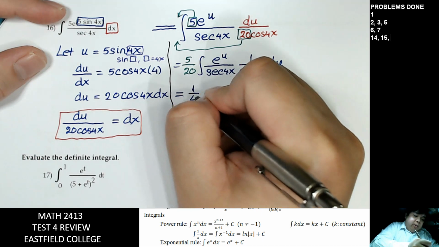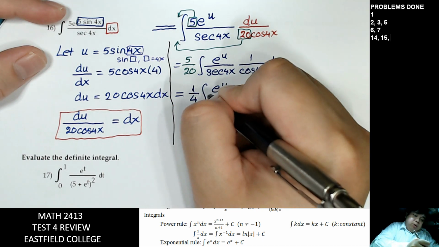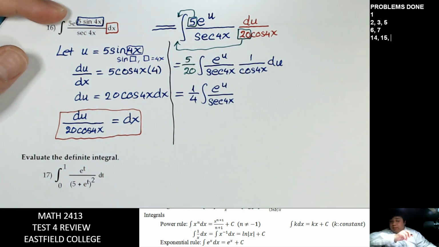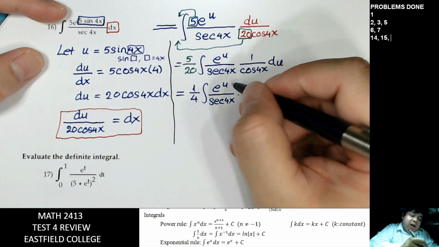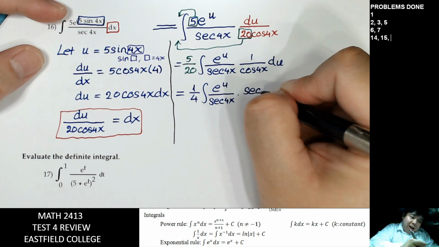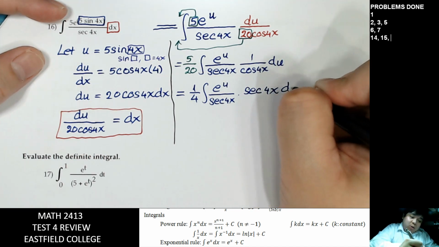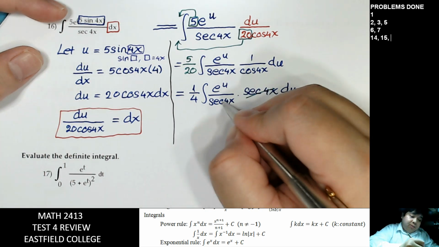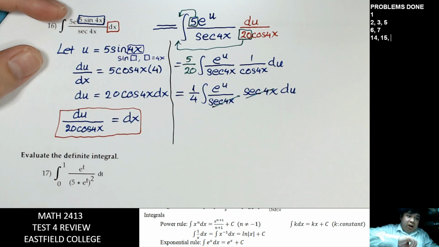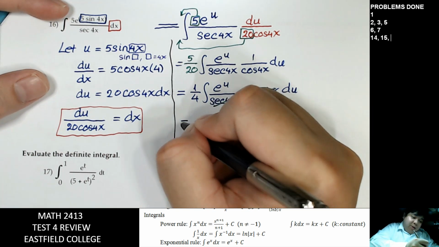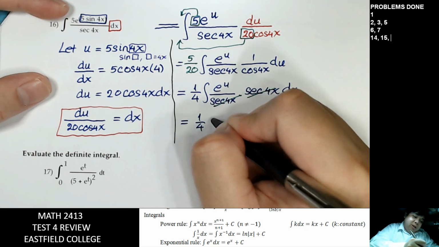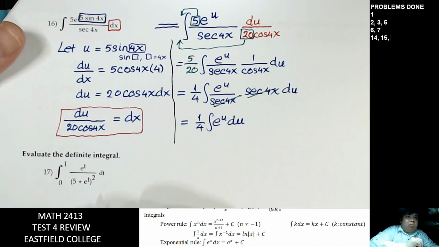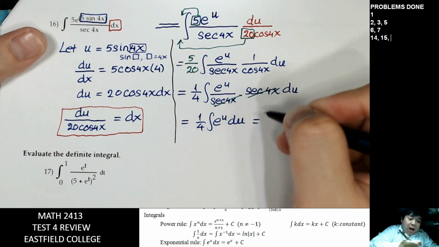That will be 1 over 4 e to the u secant 4x. 1 over cosine is actually also secant, and now we see that they indeed cancel out because we're not supposed to have x left for the substitution, and we just reduce nicely to that.